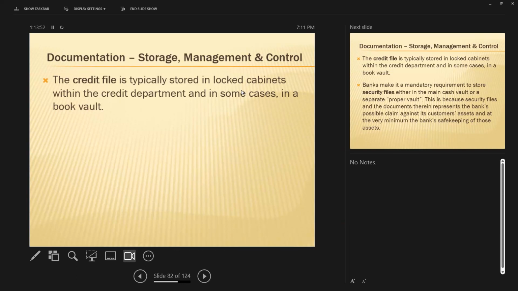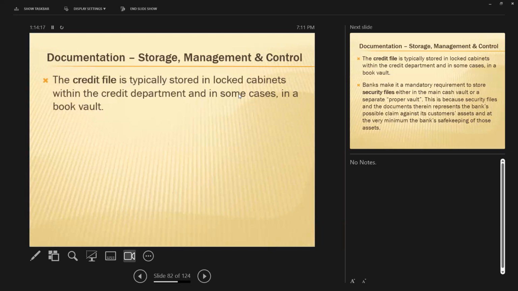The loan application form, invoices, financial statements, business plan, and other supporting documentations will be placed in the credit file along with a copy of the security schedule. The original security schedule, along with all original security documents, will be placed on a separate security file.